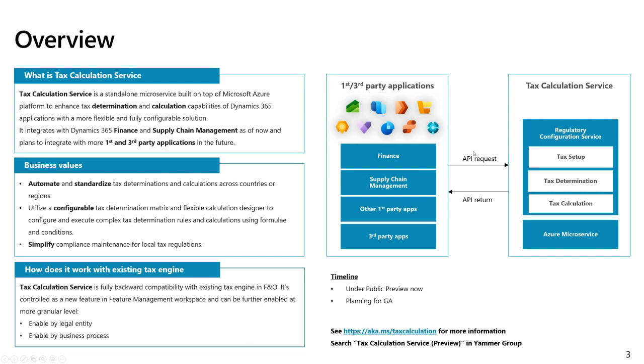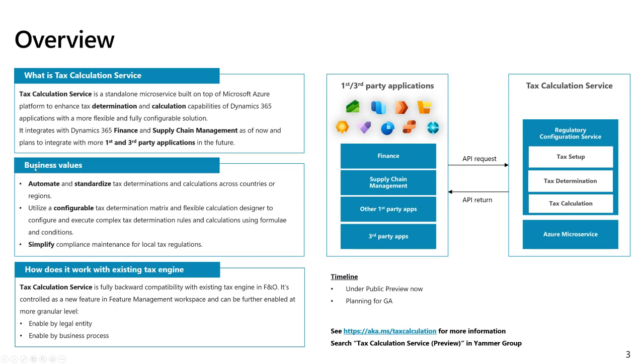Tax calculation service will work for Microsoft first-party and third-party applications. And at the GA stage, we will make tax calculation service available for Dynamics 365 Finance and Dynamics 365 Supply Chain Management. And it's on our roadmap to make tax calculation service available for more and more applications.